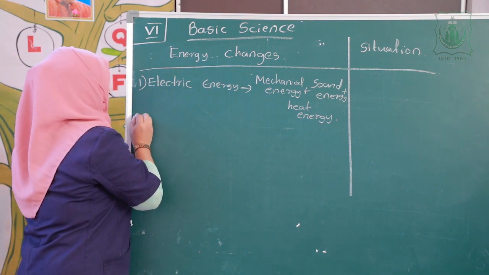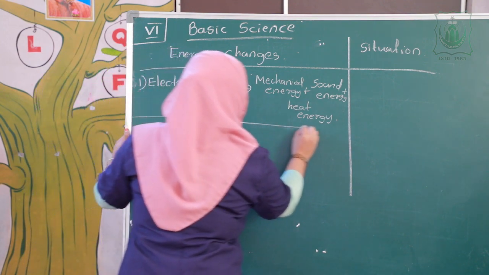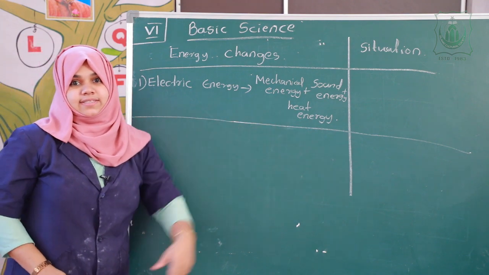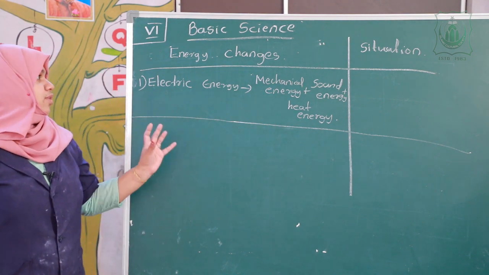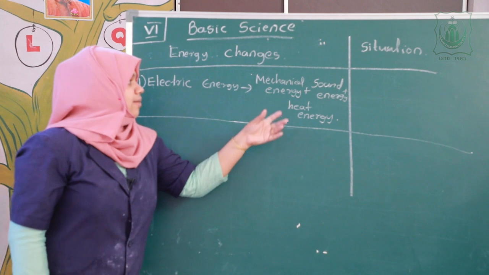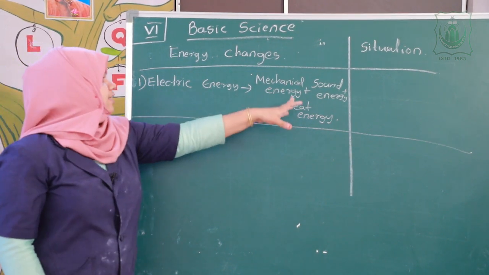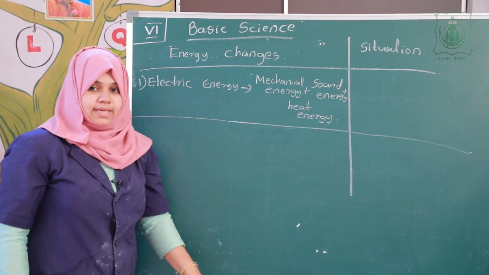You write what the situations are. What are the situations of this energy change? We learned about this. So, we can write the situation about electric energy converted into mechanical energy, sound energy plus heat energy.